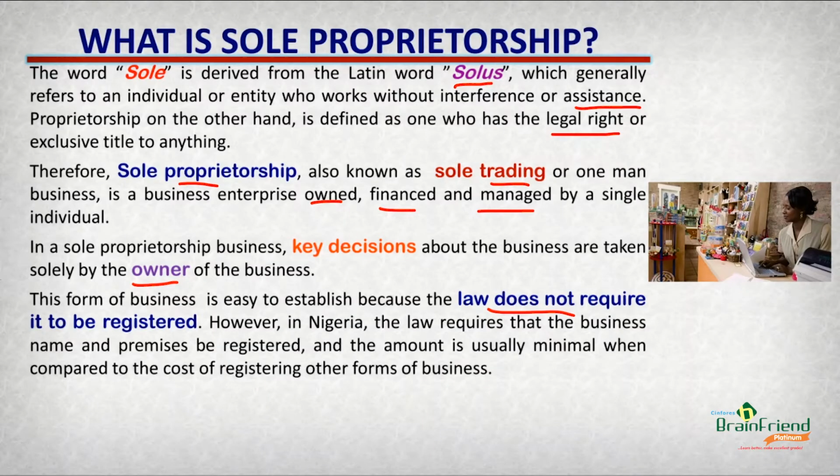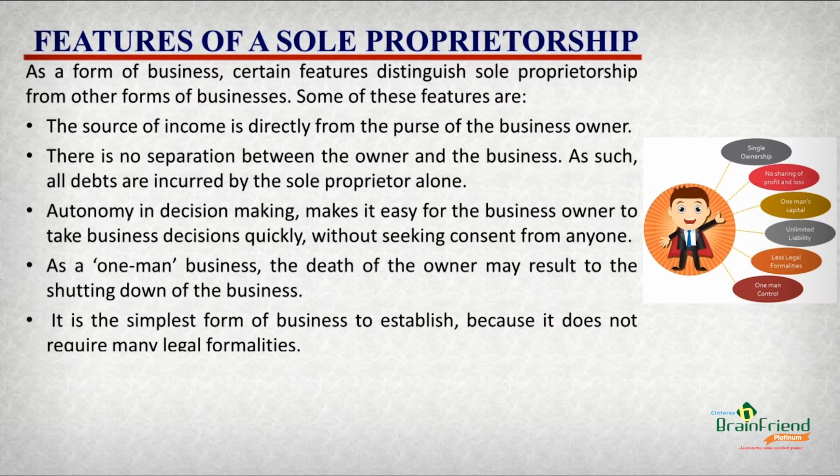Let's go further to look at the features of sole proprietorship. What are the characteristics that you could see and you say, okay, this is a sole proprietorship form of business? The first of them is that the source of income is directly from the purse of the business owner.